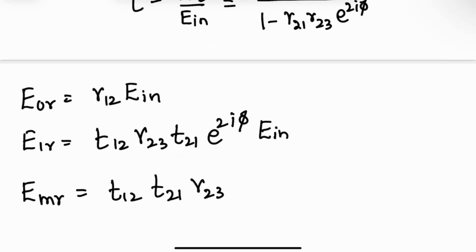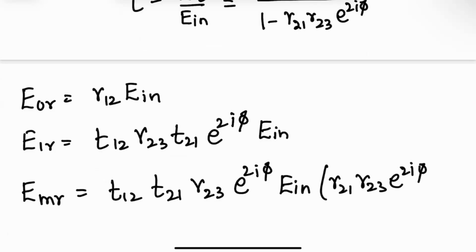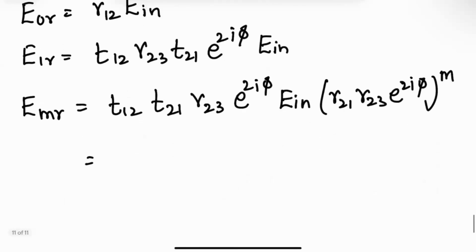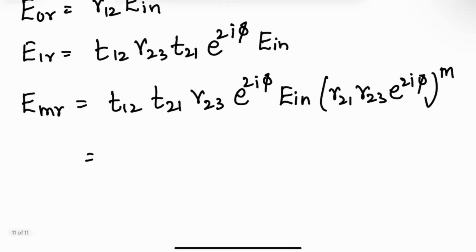First reflection, e^{2i phi}, E incident, times the bounce path, R21 R23 e^{2i phi}, to the power n. I can write this out also as a series, do the summation, the geometric series.